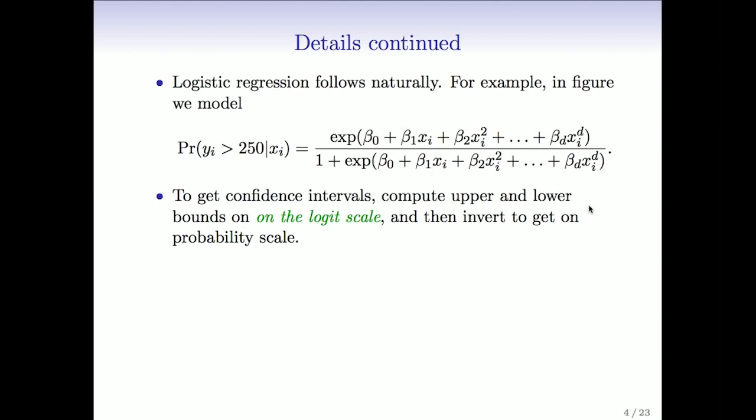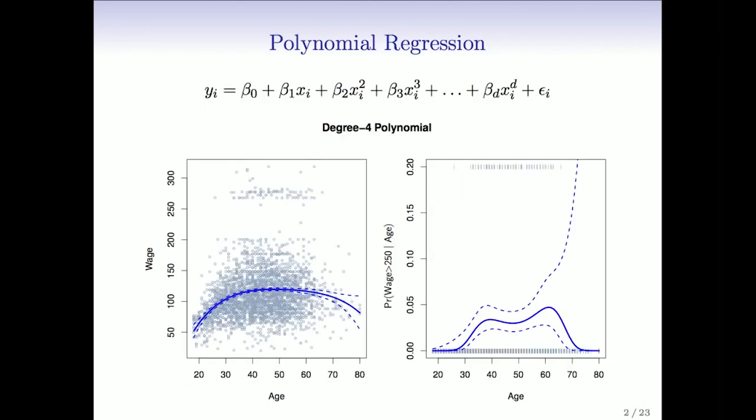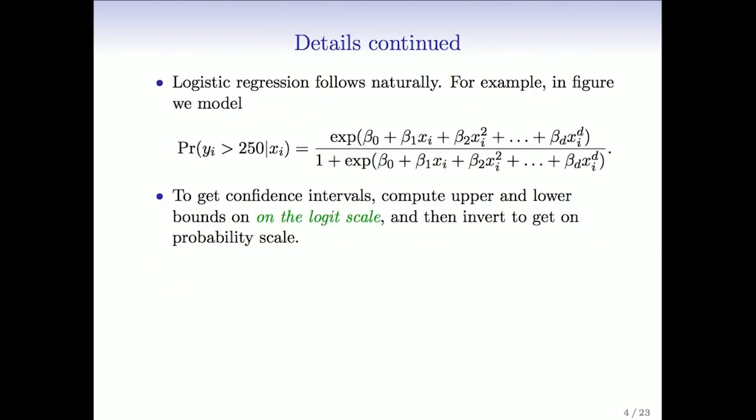If you try and get confidence intervals for the probabilities using direct methods, you might get outside the range 0 and 1. So what you do is you get confidence intervals for the fitted logit, and then you put the upper and lower confidence band endpoints through the inverse logit transformation, and those give you the confidence intervals for the fitted probabilities. So that's a useful trick to bear in mind.